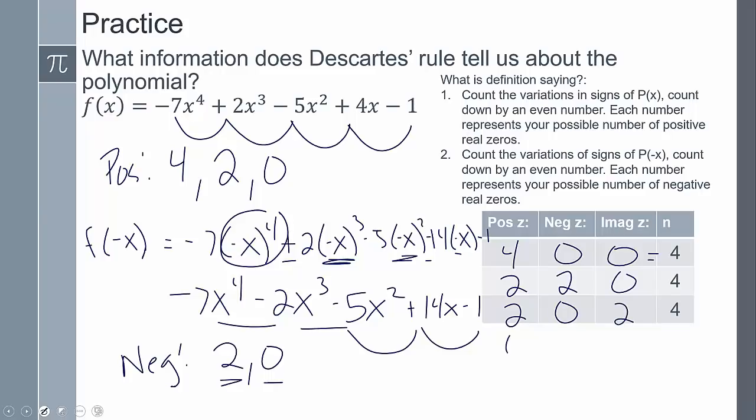And then my 0 positive zeros could be mapped to 2 negative and 0 negative, which means I have 2 and 4 imaginary, because those have to equal 4. So I have 5 different scenarios in how my zeros could be either positive, negative, or imaginary with this polynomial. I don't know which scenario it is yet, but at least it gives me an idea for it.